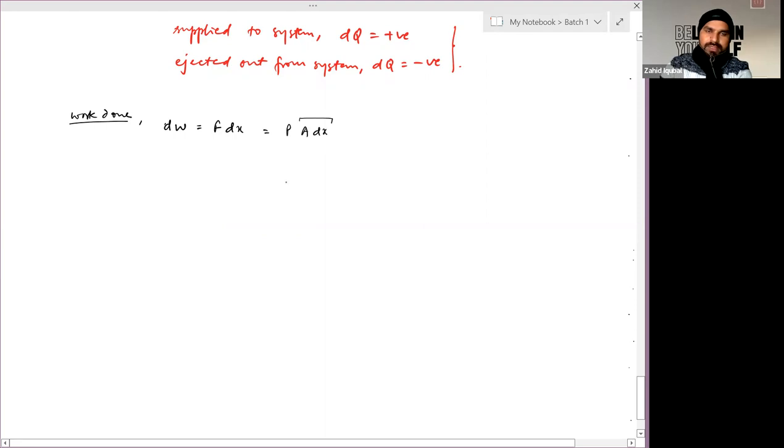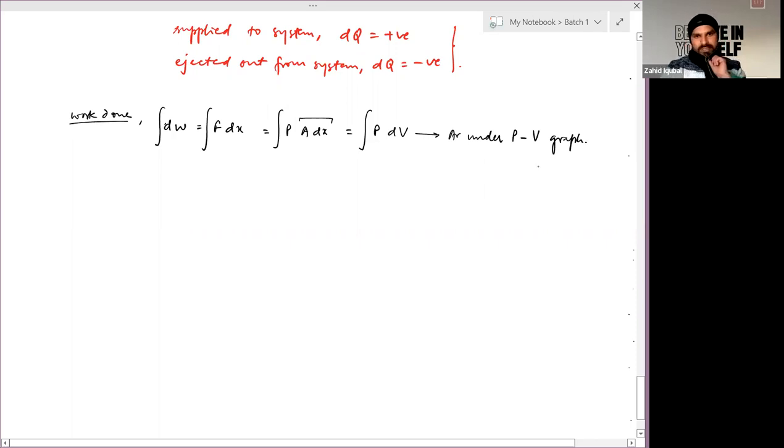Area into displacement or area into length is called volume. So it will be the integration of P multiplied by dV. This particular quantity in terms of graph will also equal the area under the pressure-volume graph. So work done is simply the integral of P dV, or simply the area under the pressure-volume graph.